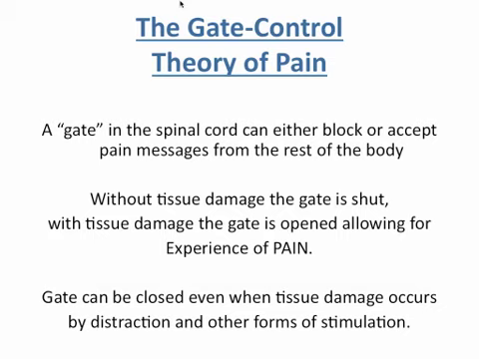The idea is that there's some gate in the spinal cord that can either block or accept messages about pain from the rest of the body. Without any tissue damage, the gate's always shut, so a person doesn't experience any pain. But when you experience tissue damage, the gate opens, causing the experience of pain. Only the higher centers in the brain, under certain circumstances, can close the gate even when there's tissue damage occurring.